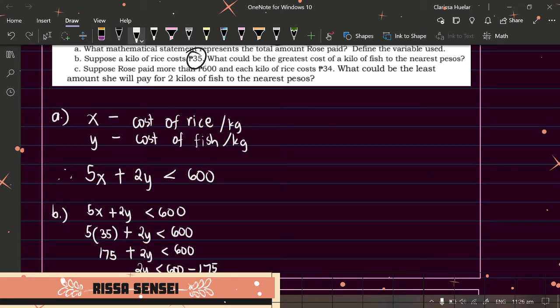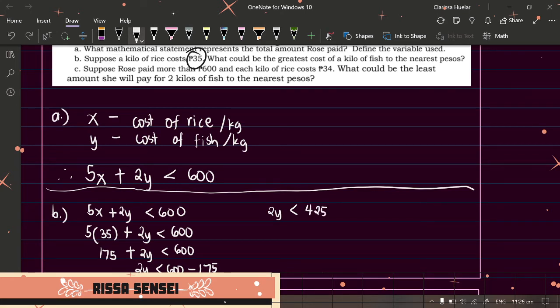Next is, lagay na tayo ng border. 2y less than, so what's 600 minus 175? So, that's 425. Tama ba ako? Please double check. Is it 425?